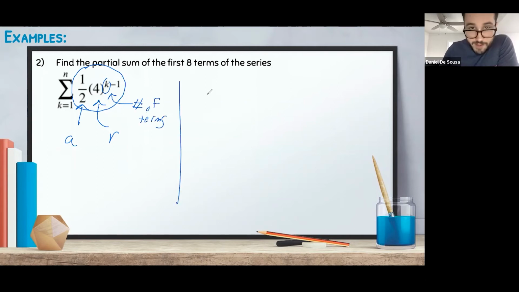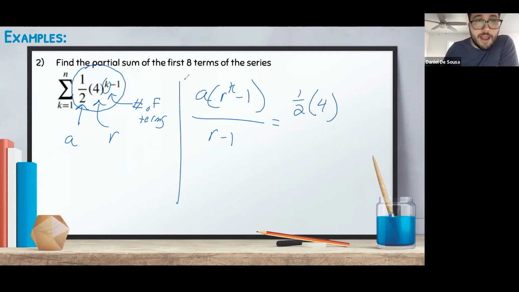So if our formula is the following, all you need to do is substitute it in the formula. So we know our A is 1/2. We know that R is 4. Our K, the number of terms, is 8 because it tells us here. So 4 to the 8th power, oops, I made a slight error.